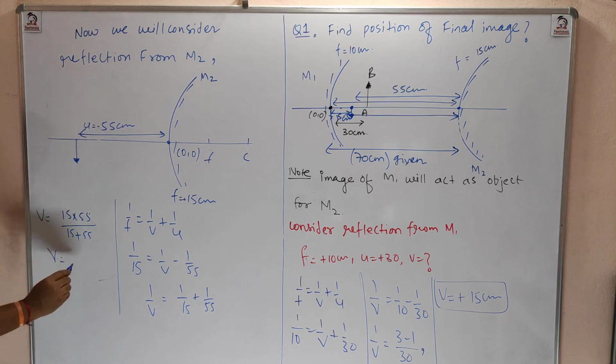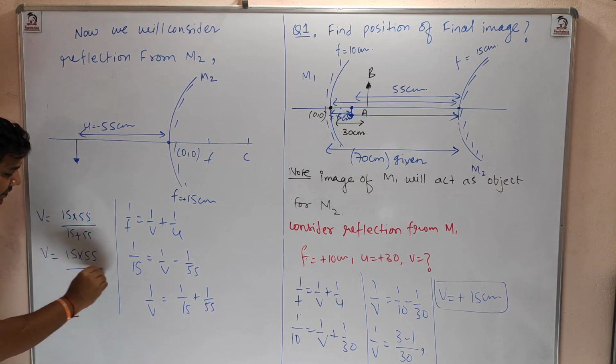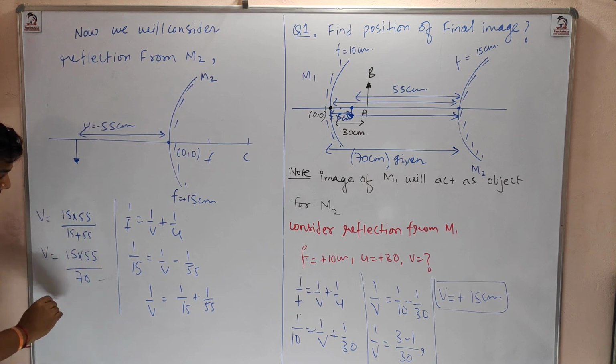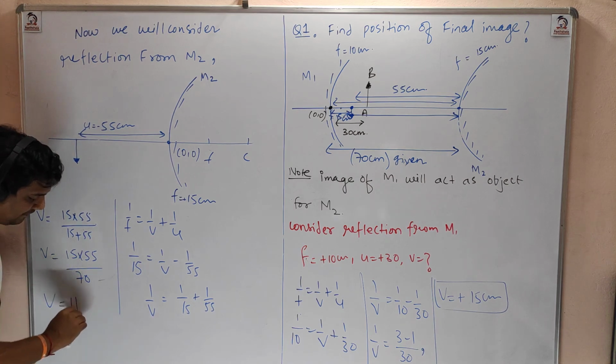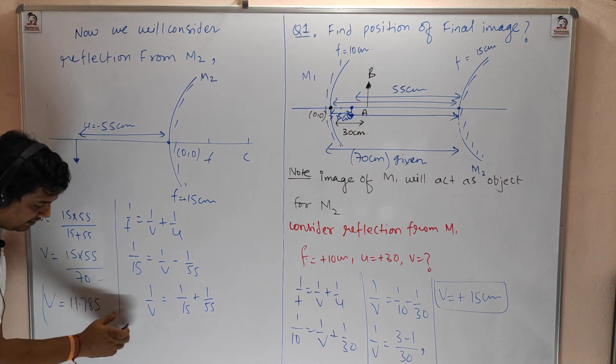How much will we get? 15 into 55, how much will that be? 70. So solve this. Ankita is saying 12, but I cannot believe Ankita. 11.785, sure? Centimeter, sorry.